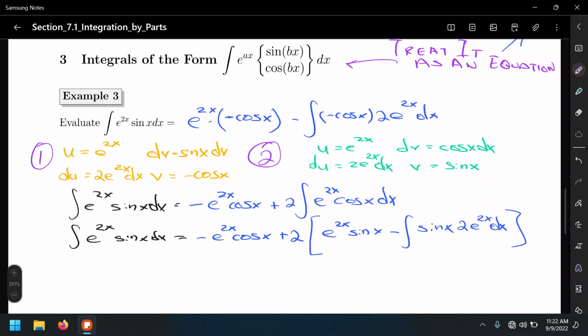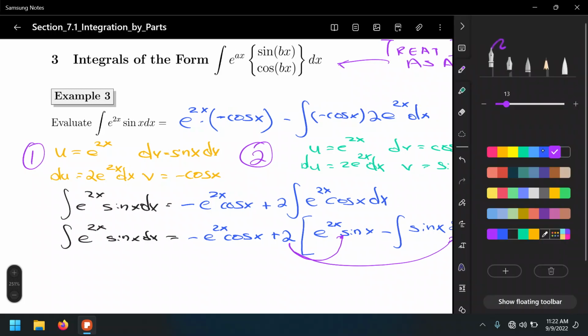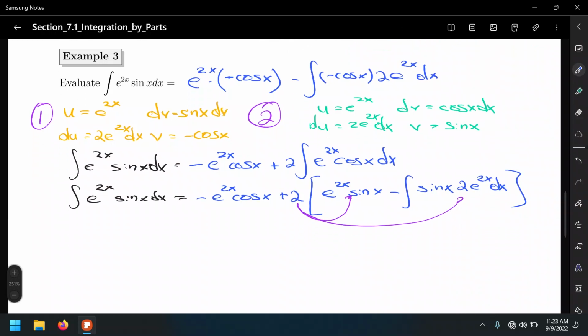Alright, again, before attempting to evaluate the integral that we just got, let's clear the bracket. But be careful when distributing the coefficient. This is going to be 2 times this e to the 2x sine x, and this will be negative 2 times multiply with these 2. Okay, don't forget to multiply these multiple constants. So that's going to give us the following.